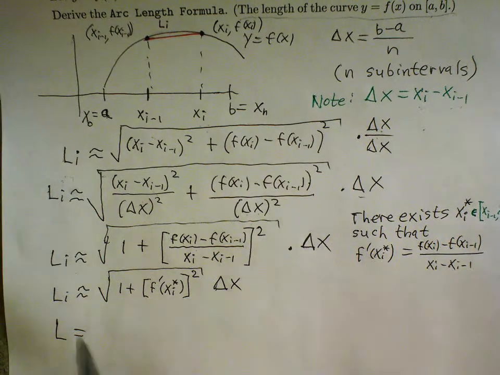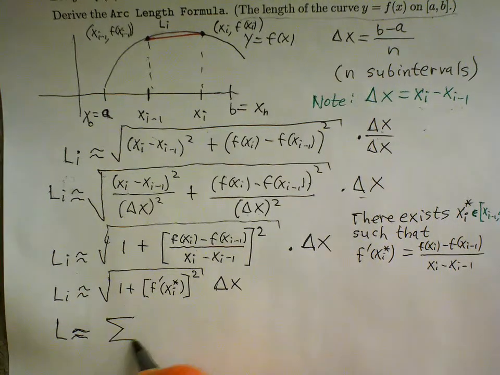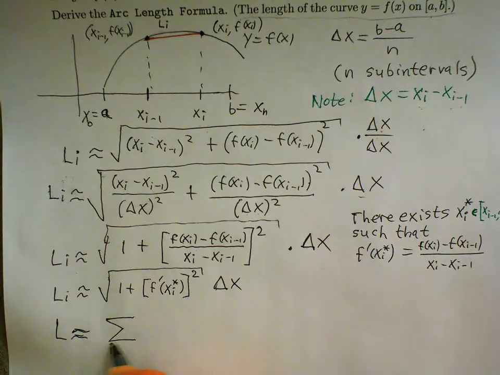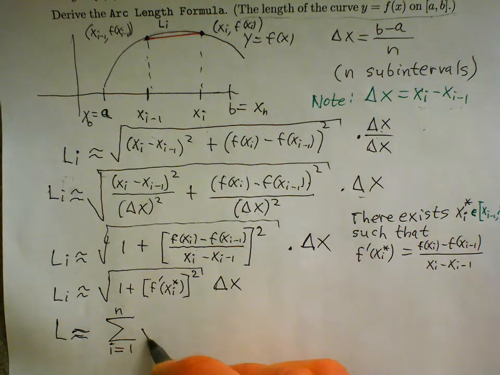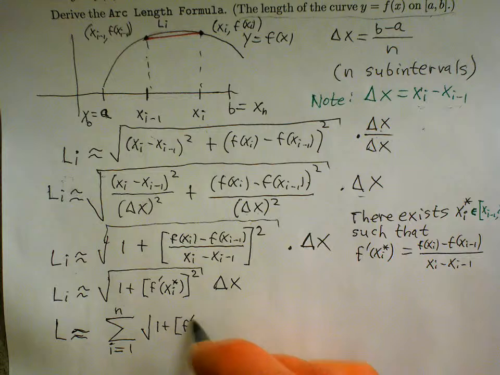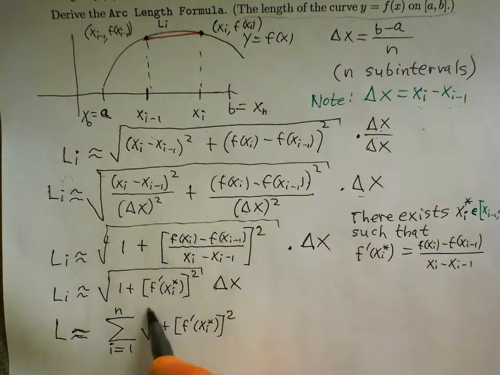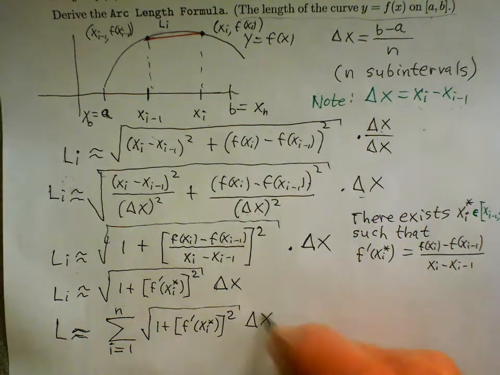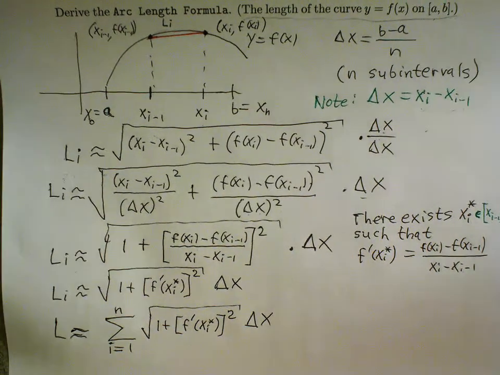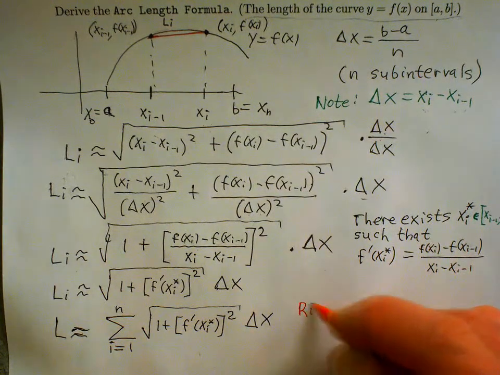So the length is approximately equal to a sum starting with I equals 1 and going to n, and each of the n terms has the form the square root of 1 plus f prime of x sub I star quantity squared, times delta x. Okay, this is a Riemann sum. We're just adding n terms.